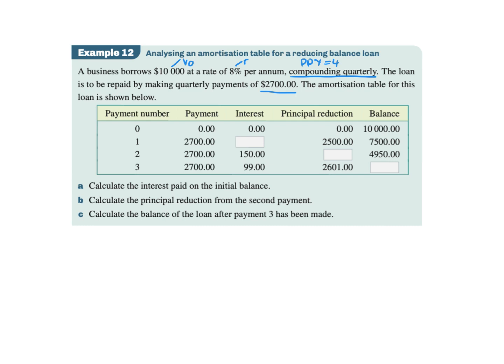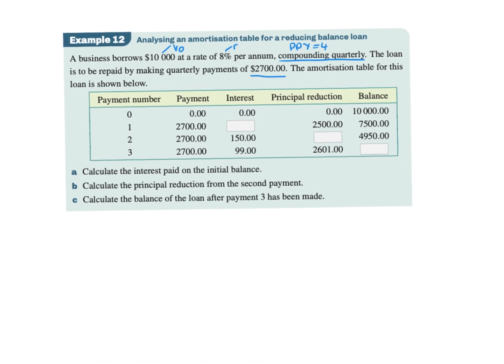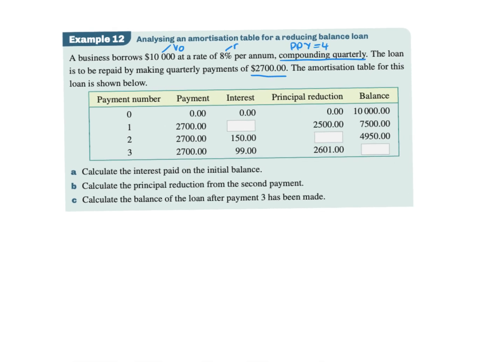All right, so here they've got a few things, and it says calculate the first one. So we've got an amortisation table, and A says to calculate the interest paid on the initial balance. Initial means beginning, so that's the initial balance.